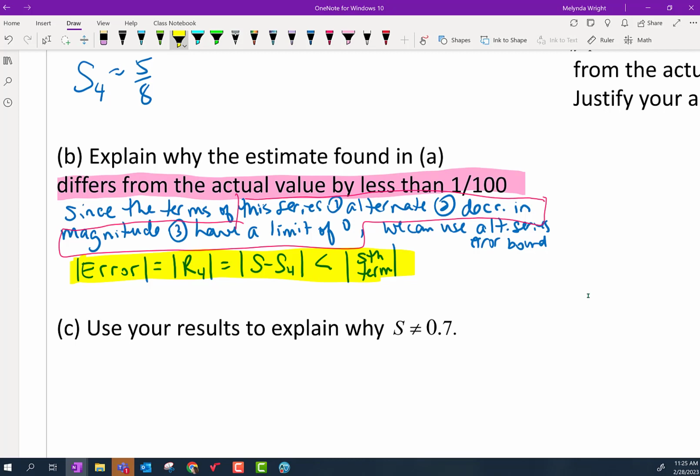So now the way that I would write it for this problem, I would say absolute value error, because that's my favorite one to use. It's so easy. Is less than our fifth term, we just looked it up. It was what, 1/120, right? Which is less than 1/100, because that's what they were wanting us to describe.